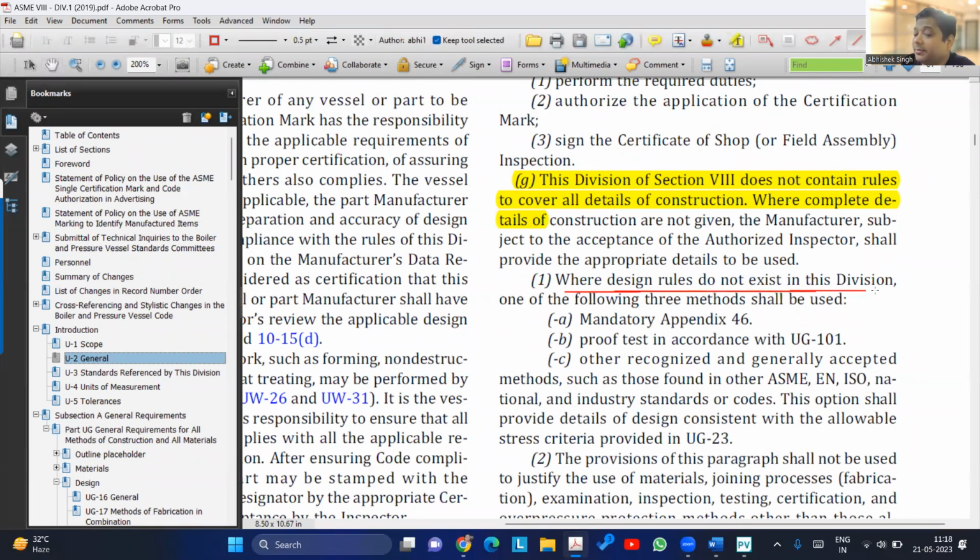This statement is very important. When design rules do not exist. So if the design rule exists, can I go further? No. If the design rule exists, we cannot even go to the next statement. This clause is applicable only when design rules do not exist in division 1.